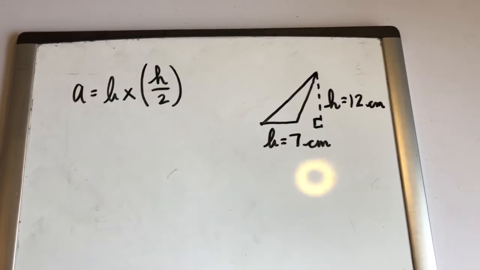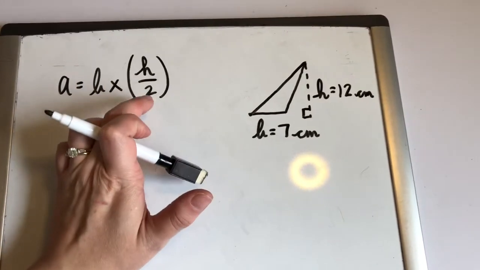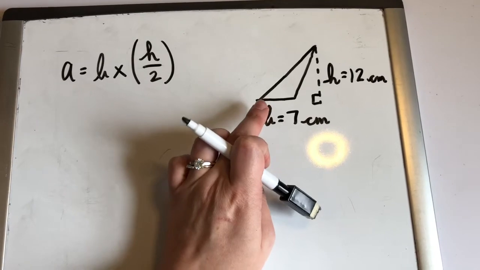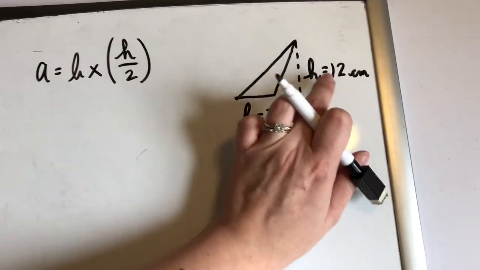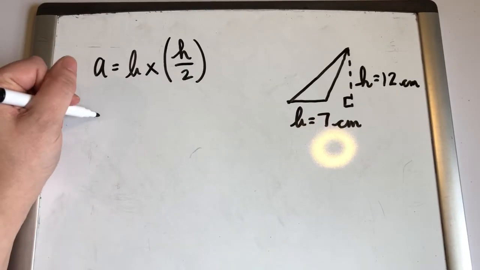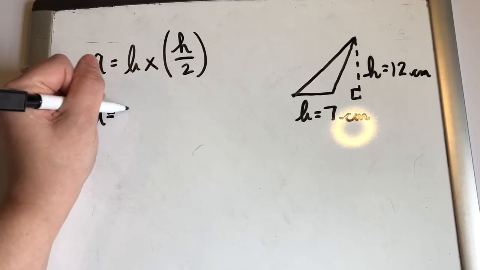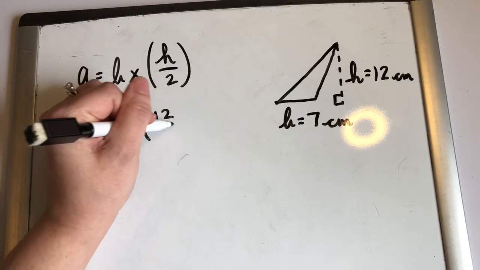Let's look at our second formula option. This option is taking half of the height and multiplying it by the base. So I have my obtuse triangle with a base of 7 centimeters and a height of 12 centimeters. So area equals the value of the base, which is 7, times 12 divided by 2.